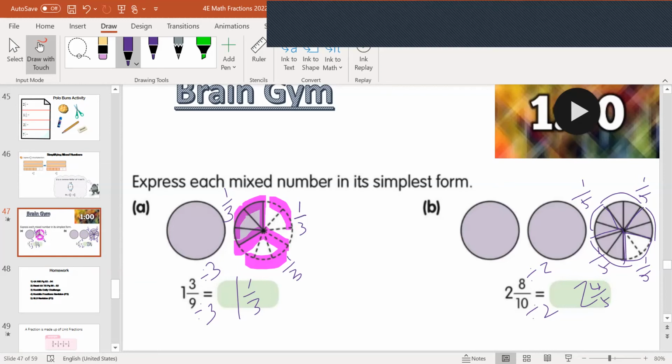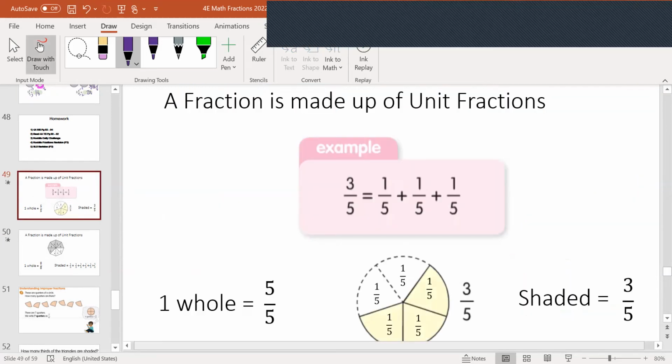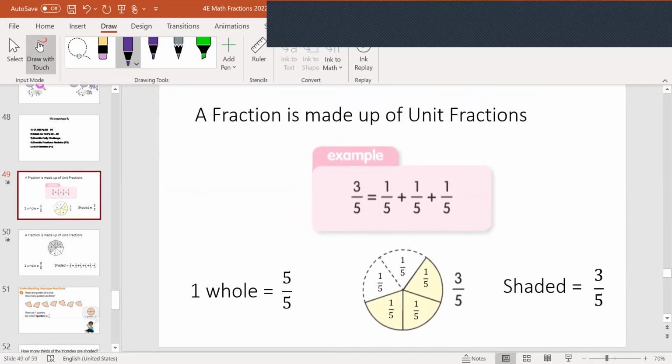Okay, moving on. Now, yesterday we went on to talk about improper fractions. The past few days, from last Friday onwards till yesterday, we were talking about improper fractions. The key about improper fractions is that every fraction is made up of what you call unit fractions.